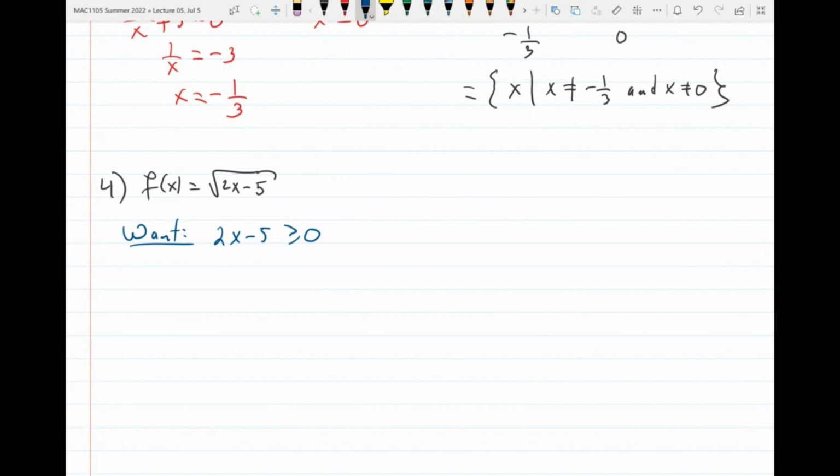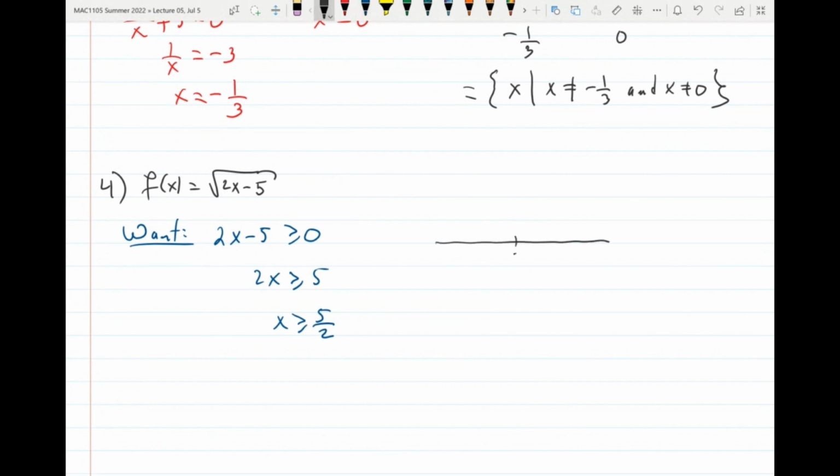Remember, 0 is okay here. And now there's a little linear inequality. We solve it. As long as x is greater than or equal to 5/2, or 2.5, then we're good to go.